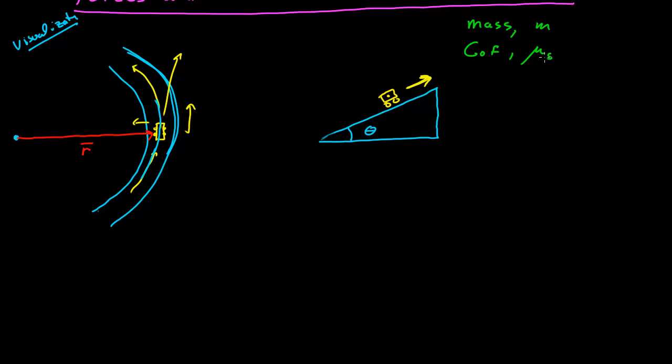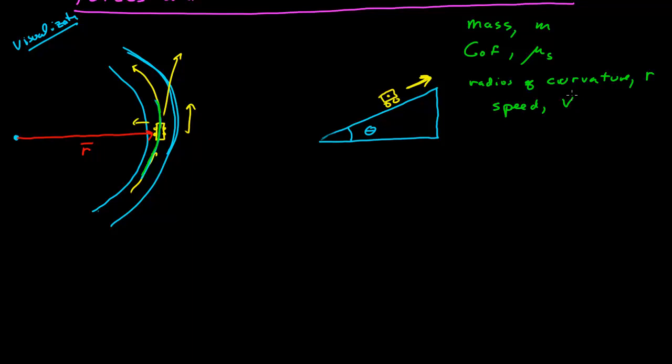We're trying to see where it's not sliding. There's some radius of curvature of the road from this picture. We'll call that radius of curvature r, and then it has some speed, of course, v.